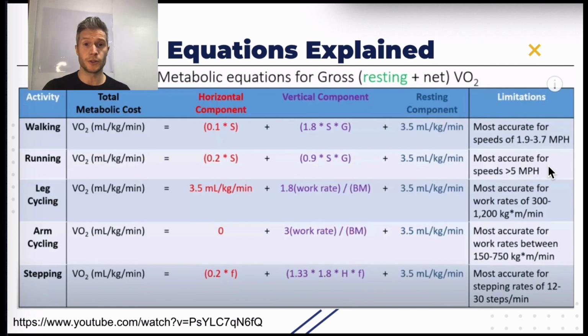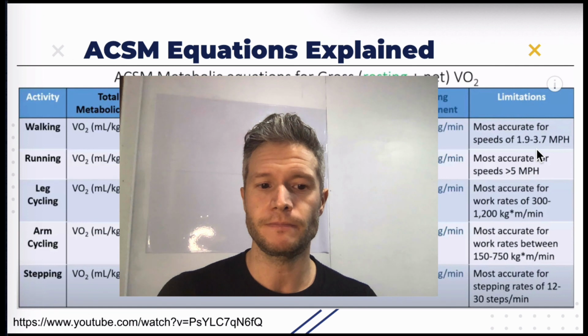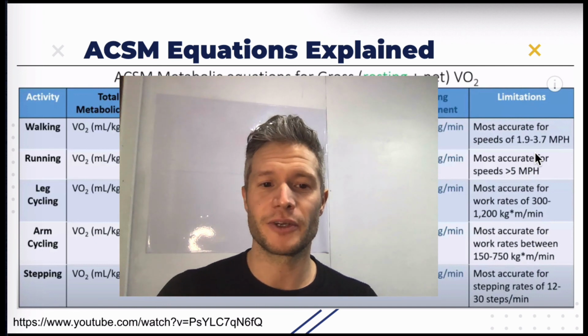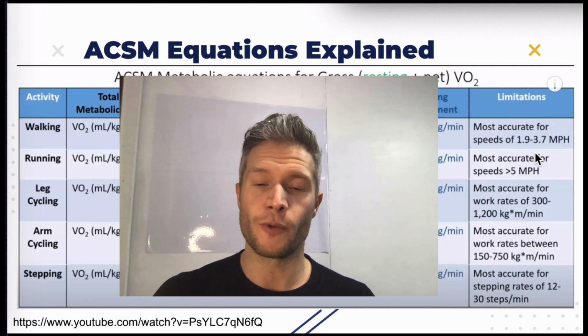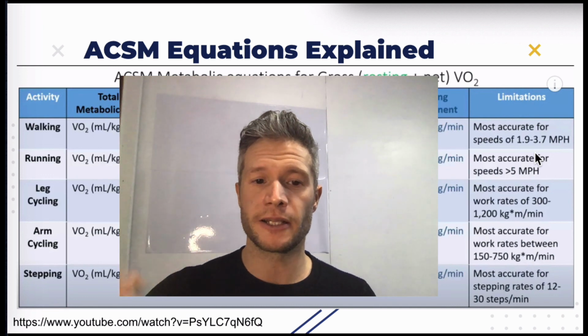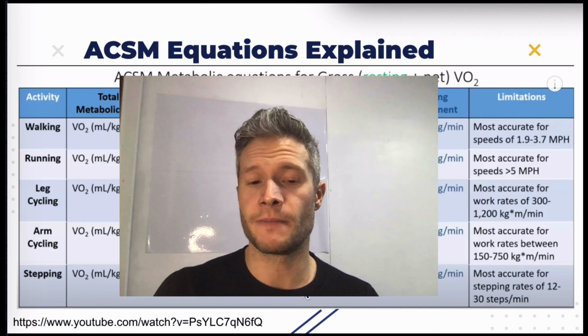Well, you can still use it. You just have to be aware that the accuracy might not be as spot on as it would otherwise be. So again, just some equations. It is math, but it's not terribly overwhelming, especially once you start understanding the concepts behind the math as well.